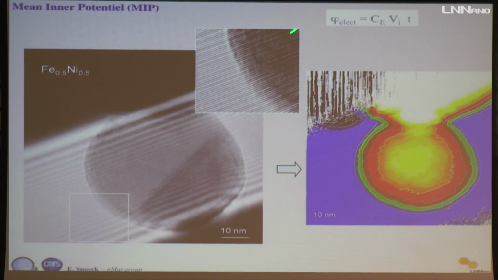Whatever, in this electrostatic system, in the phase measurement, you get this constant times the mean inner potential times the thickness. And if you want to know that, or you want to determine the shape, meaning the thickness, you can use this electron holography. For instance, this is an iron nickel sphere, and this is a hologram obtained on this sphere.